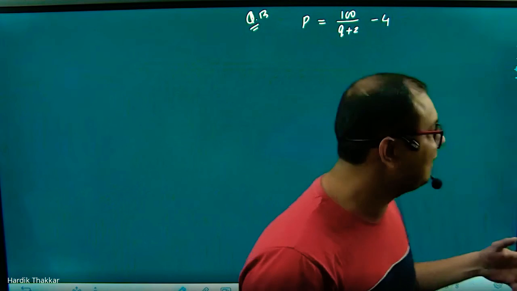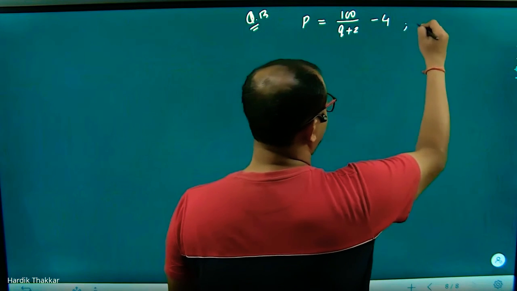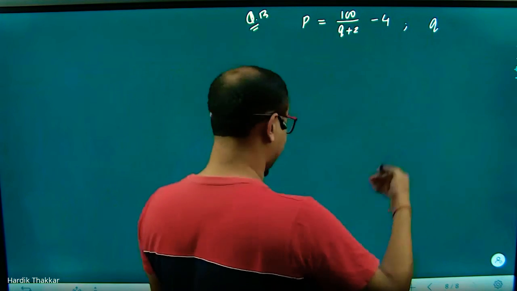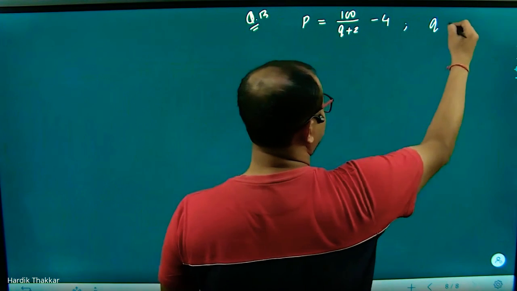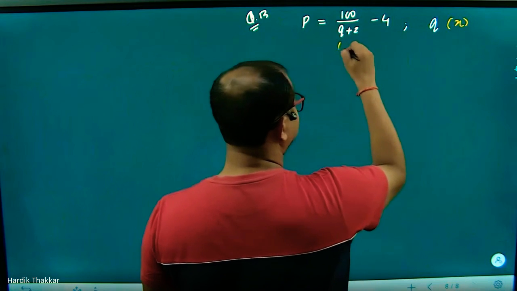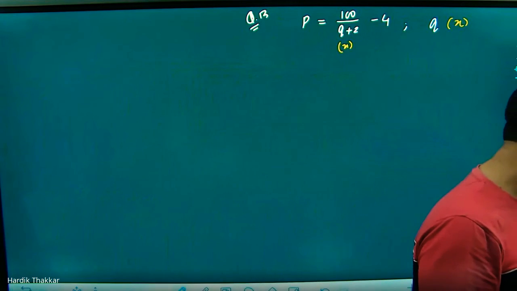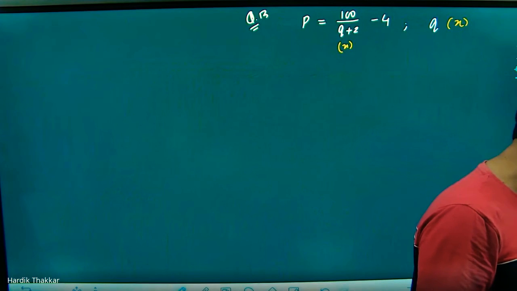So the role of X will be replaced by Q, so treat Q as X. Understood? For the products where P is the price per unit and when Q units are sold, find the marginal revenue.